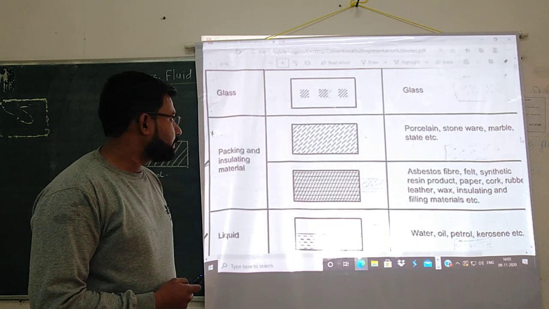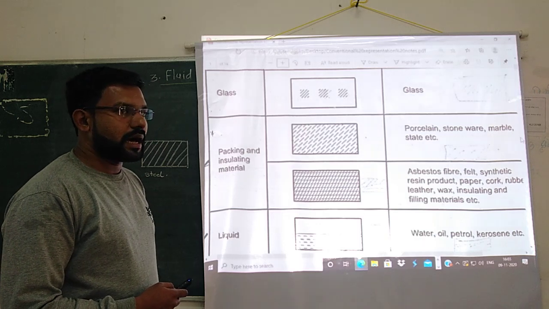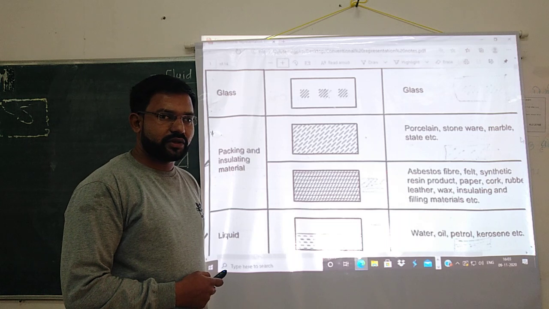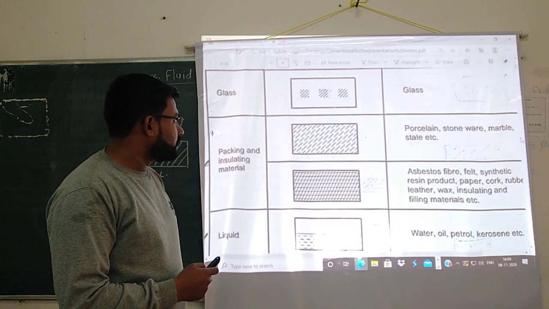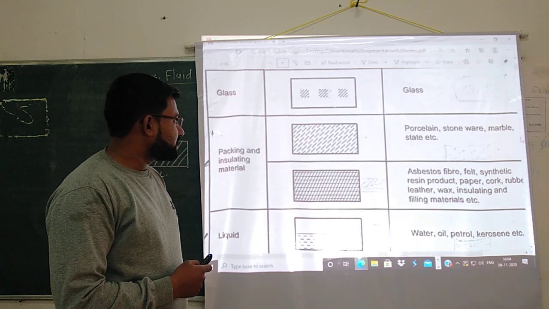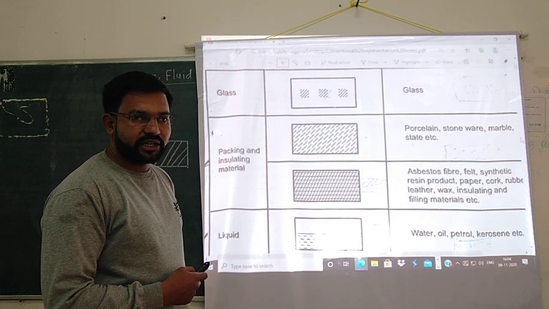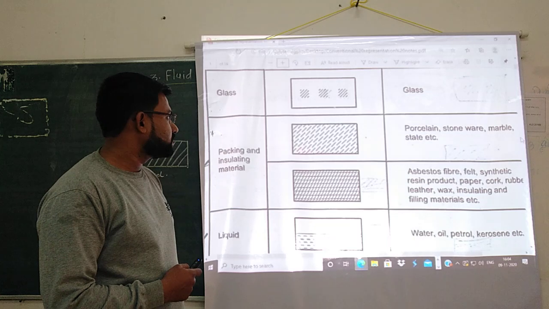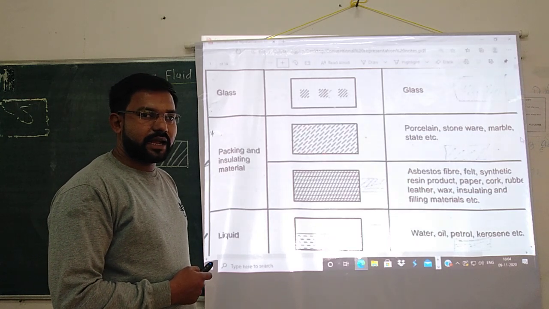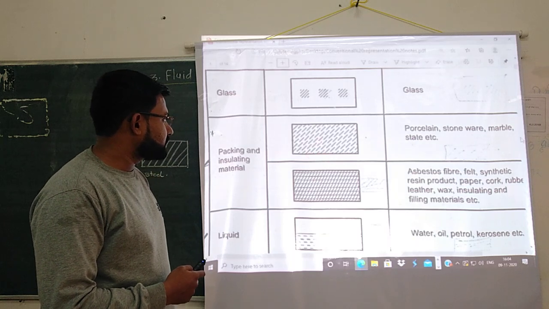These types of packing materials are represented with this convention. For this you have to draw a rectangle of appropriate size and draw discontinuous lines, which means dotted lines, inclined towards the left side, and equispaced with each other.